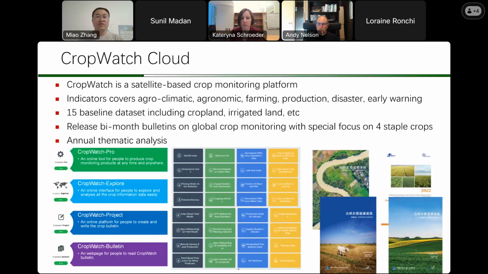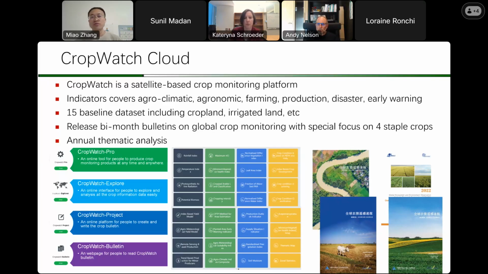Currently, the CropWatch Cloud mainly relies on remote sensing data. It provides different types of indicators, including climate information, agronomic information, farming practices, production, disaster or stress, and also early warning indicators. We also have our own baseline datasets like a cropland mask, irrigated land mask, cropping intensity, etc. And before this year, we released a bulletin every 3 months, but since this year, we want to provide more timely information for the users.